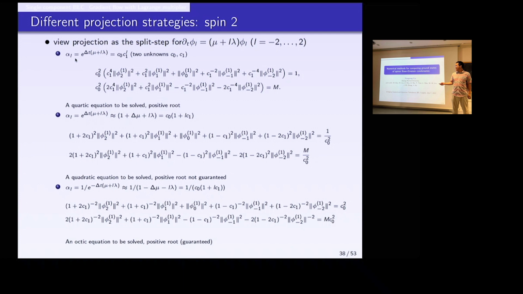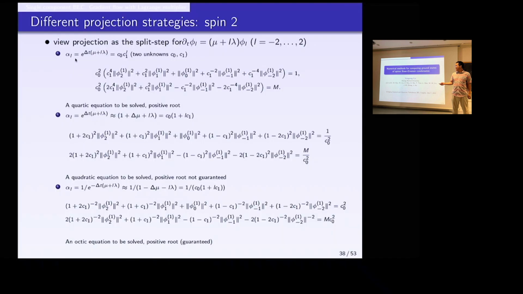The good thing is that positive roots can be guaranteed, because if we think of the projection as the optimal L2 projection to the constraint manifold, then the equation for the 2 Lagrange multipliers will be exactly the same as the equation we obtained here.